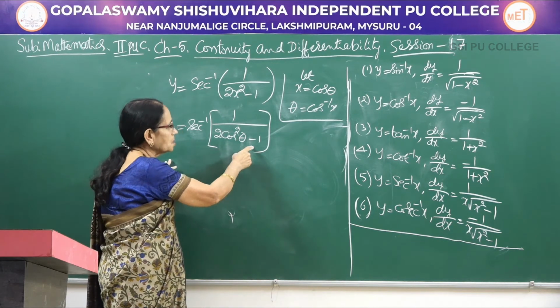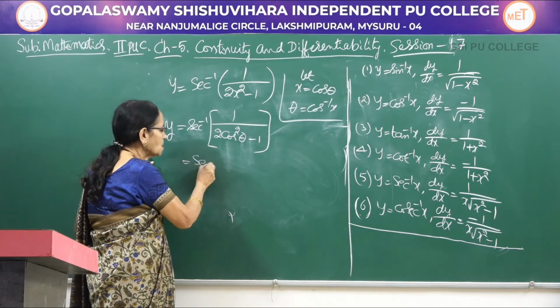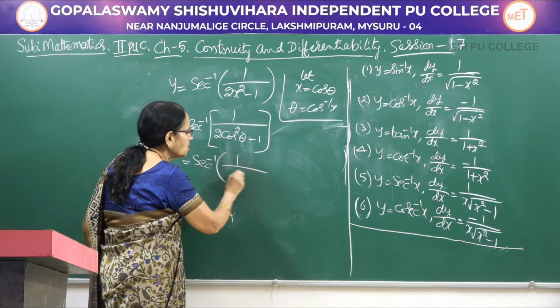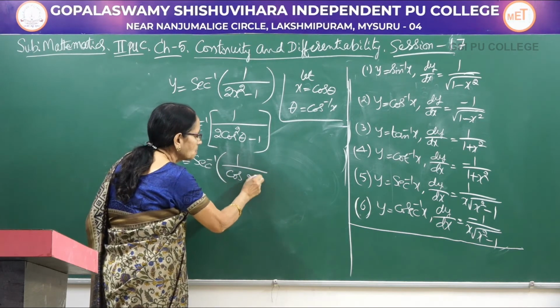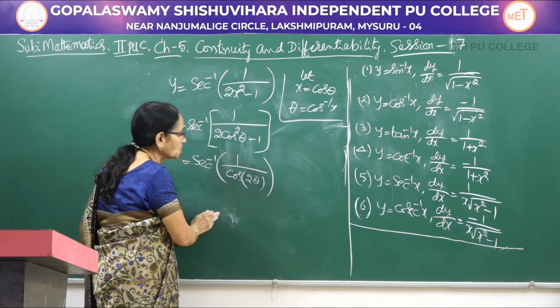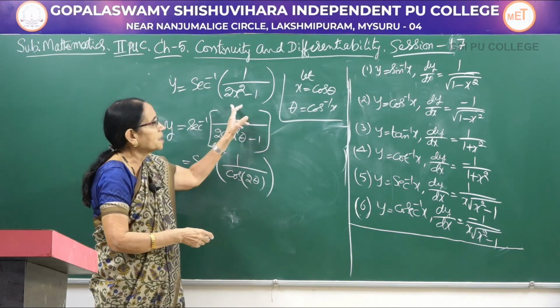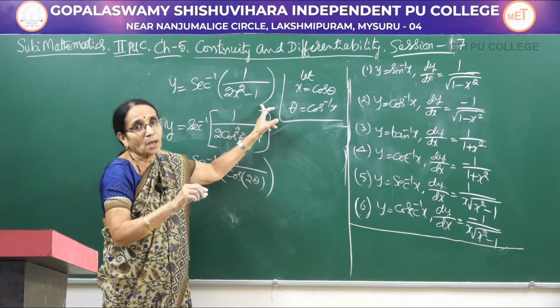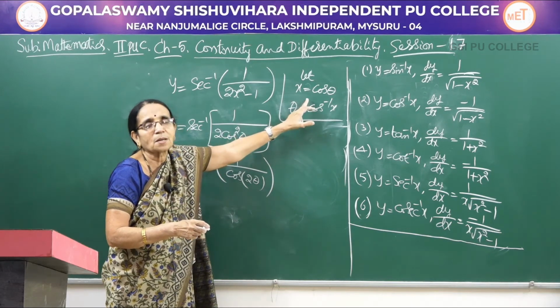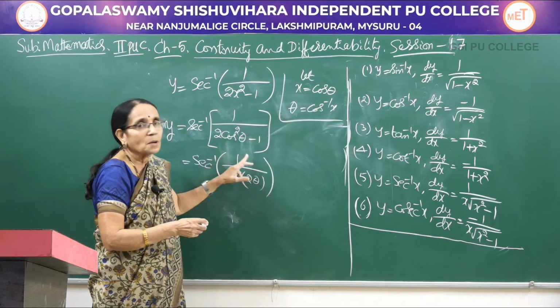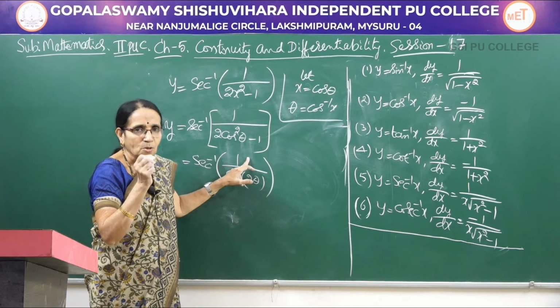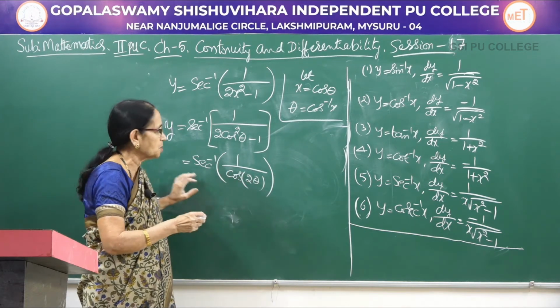Now 2 cos square theta minus 1, as you know, is cos of 2 theta. Isn't it? Cos of 2 theta. That's why I told you, suppose I had given 1 minus 2x square, in that case you should have taken x to be sin theta. 1 minus 2 sin square theta is also equal to cos of 2 theta.